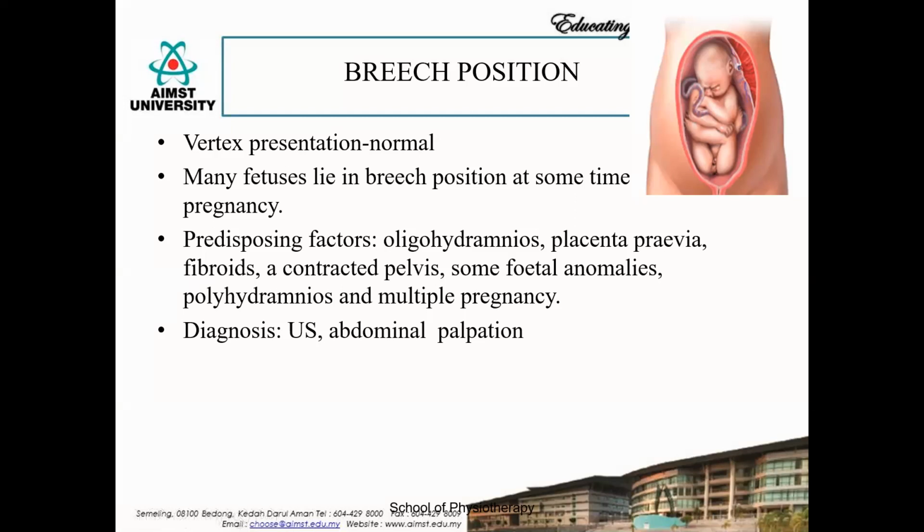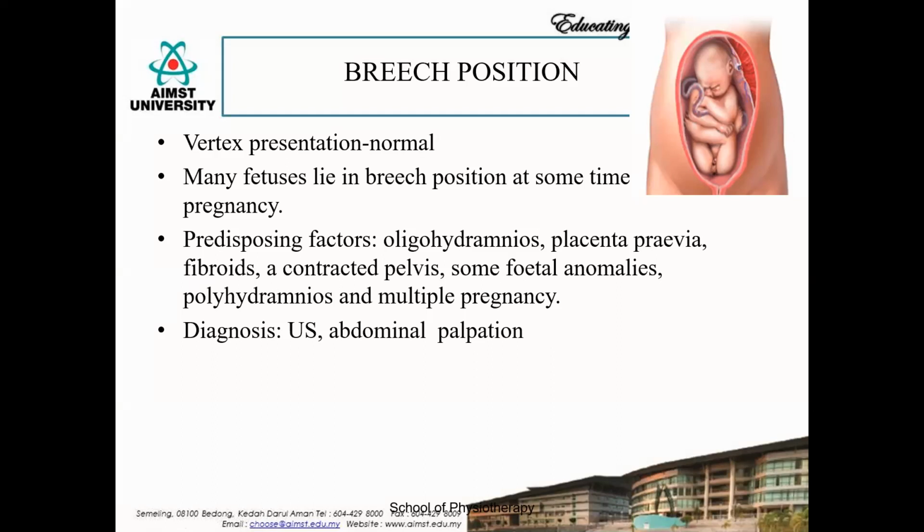Normal presentation is the vertex being presented first. The reasons for breech presentation can be oligohydramnios, which means reduction in the amniotic fluid. Then placenta previa, where the placenta is embedded at the lower part.